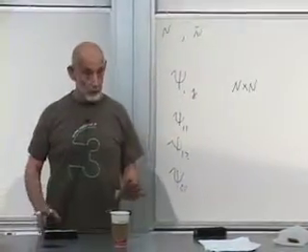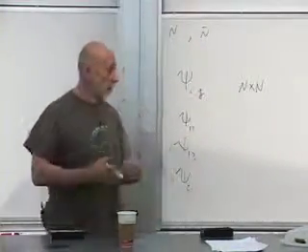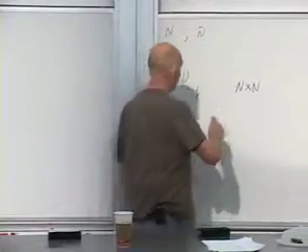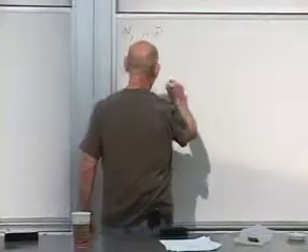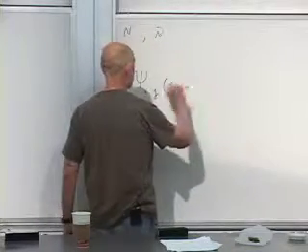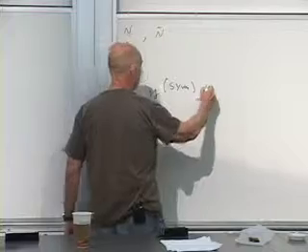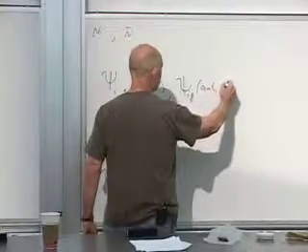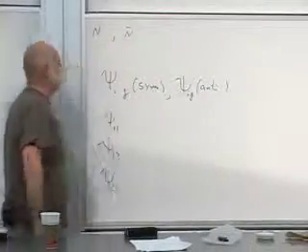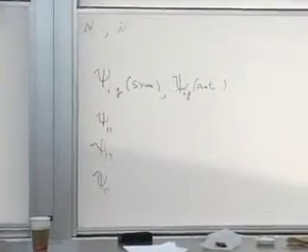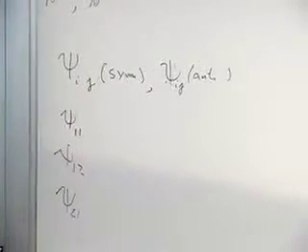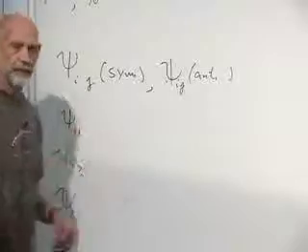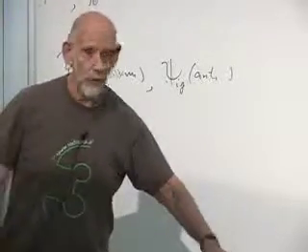They do not mix with each other. The group operations do not mix the antisymmetric and the symmetric. So there is psi ij symmetric and psi ij antisymmetric. We'll count later how many of them there are of each kind. I'll let you do the counting. It's not too hard to count. I can't remember offhand.